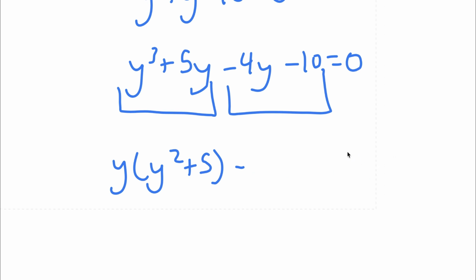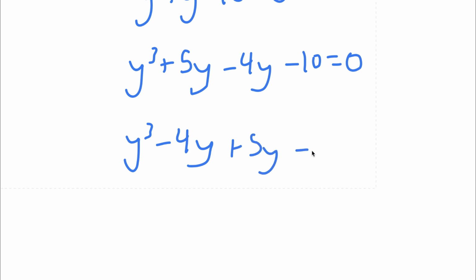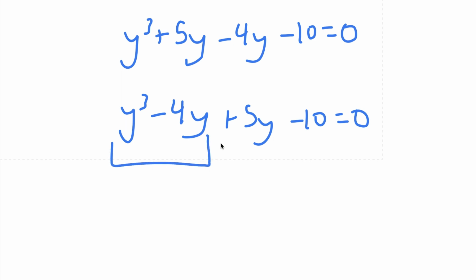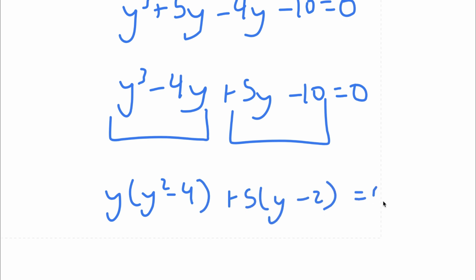Or sorry, actually, instead of doing that, what I'm going to do is rewrite this as y to the power of 3 minus 4y plus 5y minus 10 is equal to 0. So I simply just switch these two places. And now if I factor this, I get y times y squared minus 4 plus 5 times y minus 2 is equal to 0.